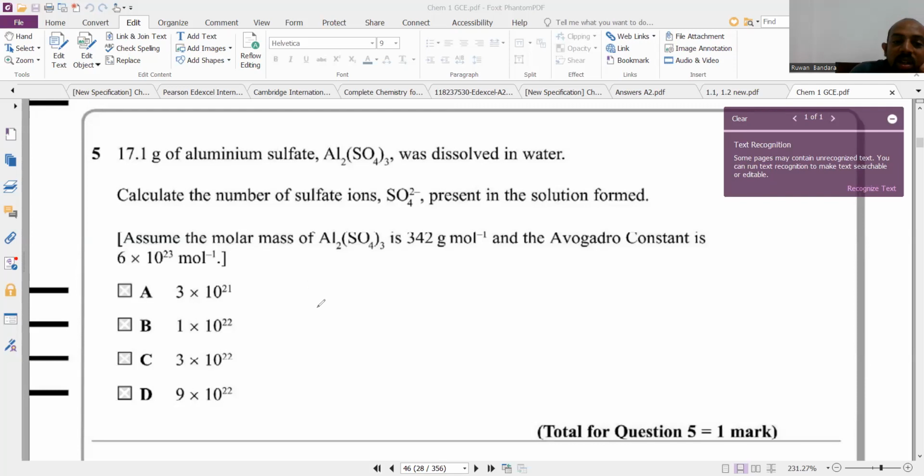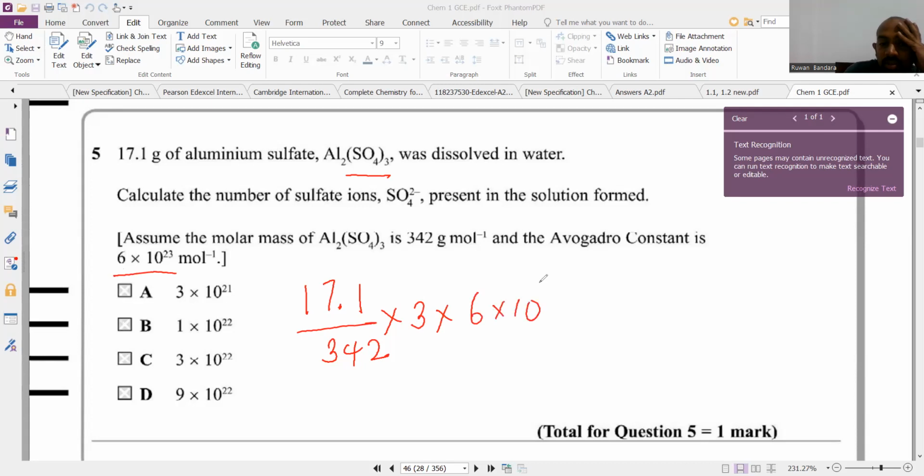So we have 17.1 grams. The number of moles will be 17.1 over 342. In 1 mole you have 3 ions, this number of sulfate atoms. So 3 into Avogadro's number they have given.